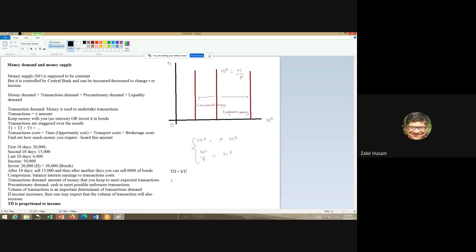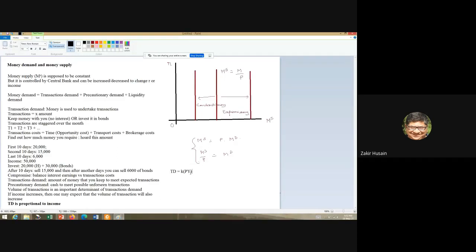Now, apart from income, price also plays a role, isn't it? If the price level increases, you'll require more money. So it should not be Y, it should actually be KPY, right? And I think you asked this question, why do we keep it in the nominal form, money supply?